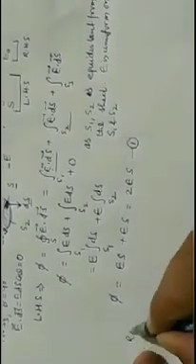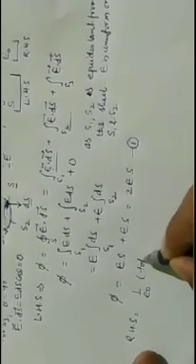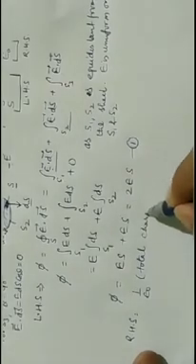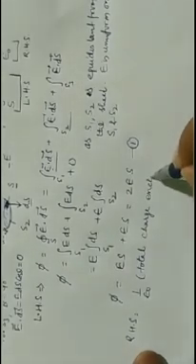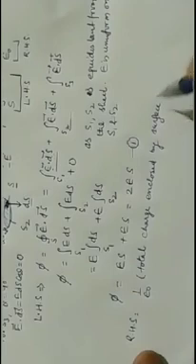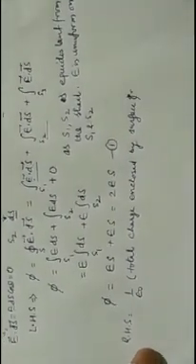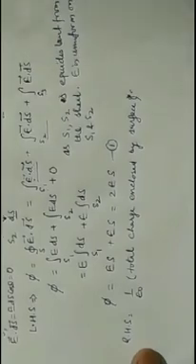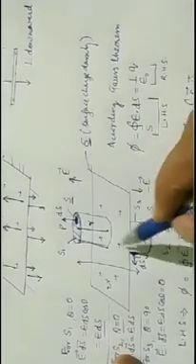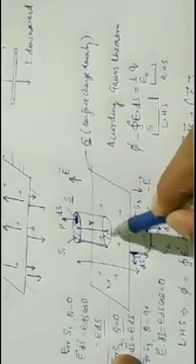Now the right hand side, that is 1 by epsilon naught times the total charge enclosed by the surface. If you see the figure, what is the total charge enclosed by this cylindrical surface? We know that this surface is cutting only this portion of the sheet.